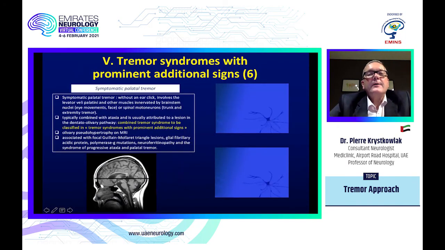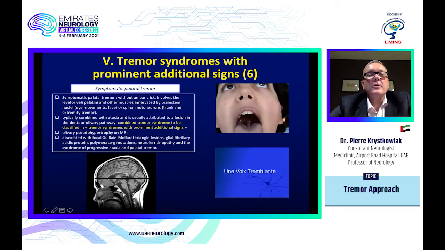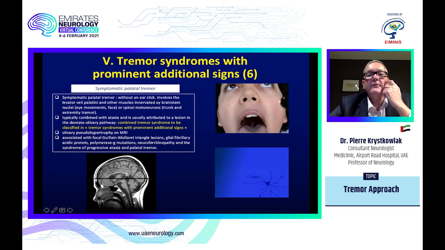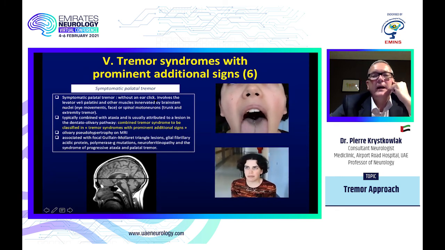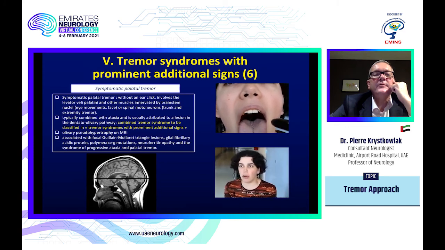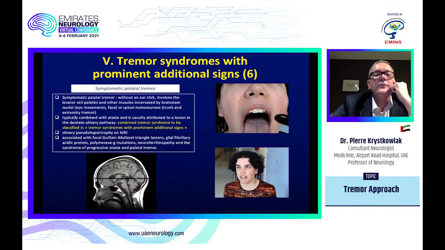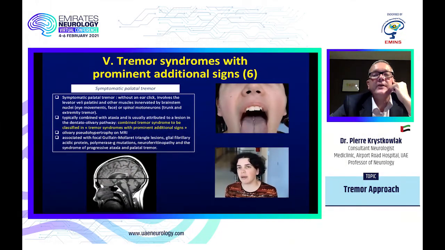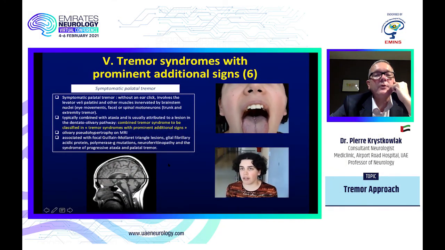Now, in the classification of tremor syndromes with prominent additional signs, you also have symptomatic palatal tremor. Most of the time you don't have any ear click. You also have some other muscles than the levator veli palatini that can be involved, such as eye movements or face muscles or neck muscles or trunk muscles.